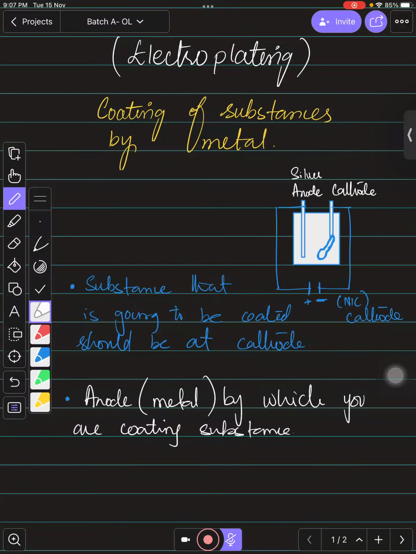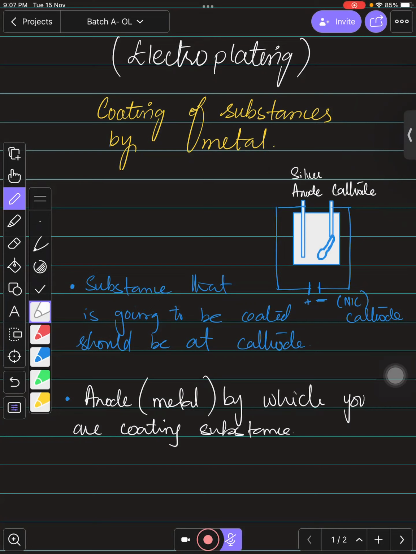It is very important. Whichever metal you want to plate on the substance, whether silver, copper, gold, whatever, it is always at the anode. और जिस substance को आपने coat करवाना है, it is always on the cathode. This thing is going to be very important for MCQs and for paper 2 questions.